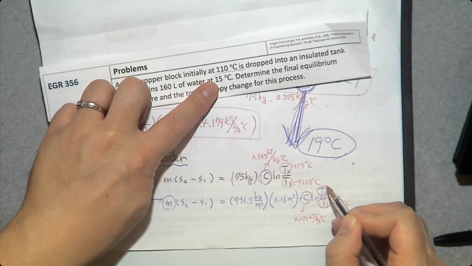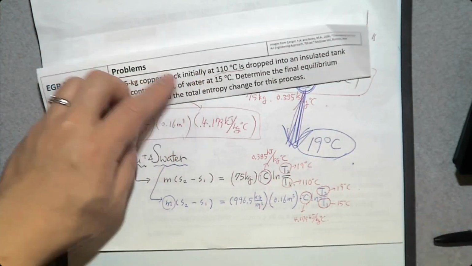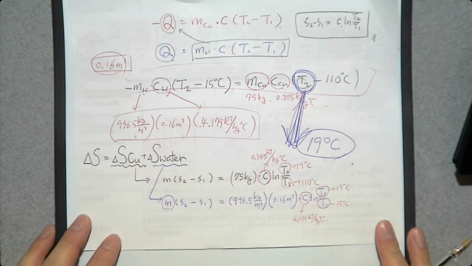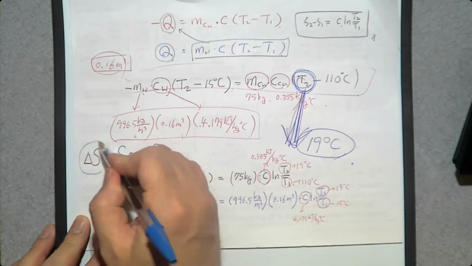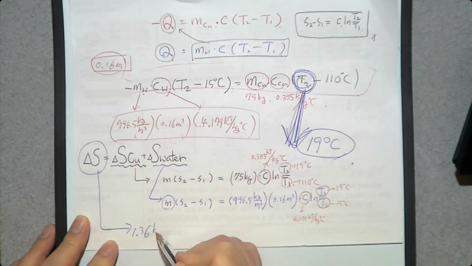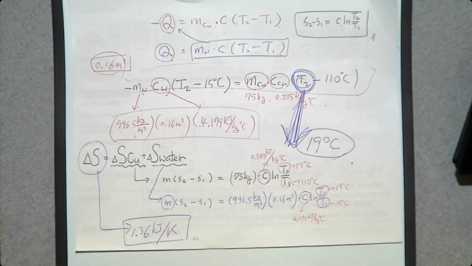What about the final temperature of the water? 19 degrees Celsius. So that's how we can calculate the change in entropy. Then if you calculate the sum of these two, you get 1.36 kilojoule per Kelvin. That's how you solve this problem.